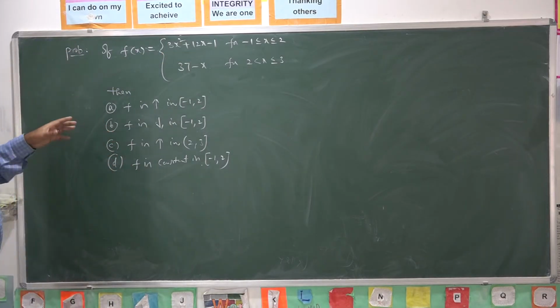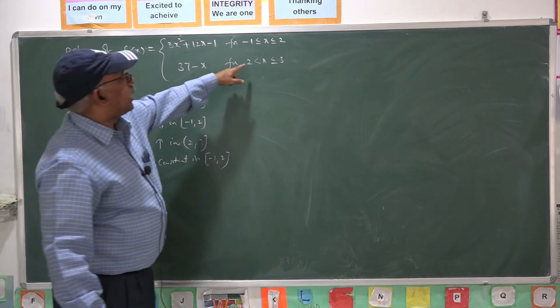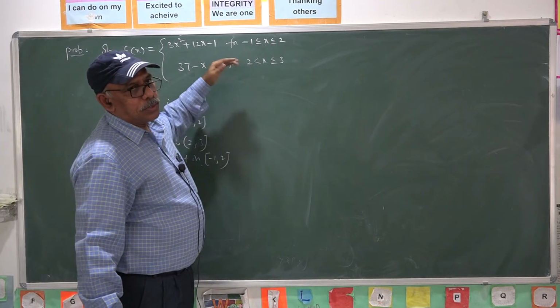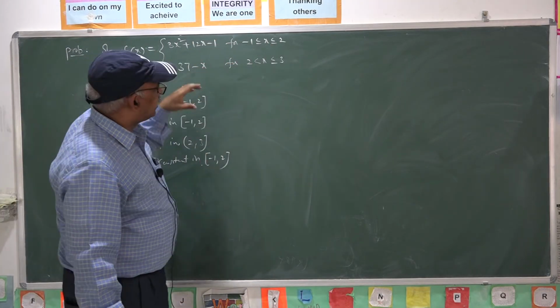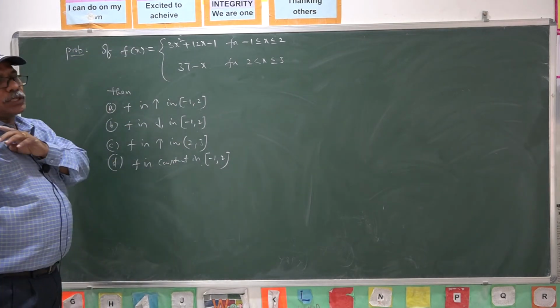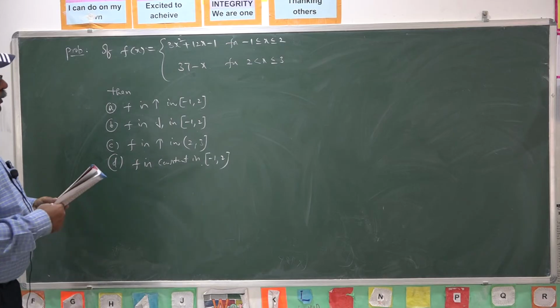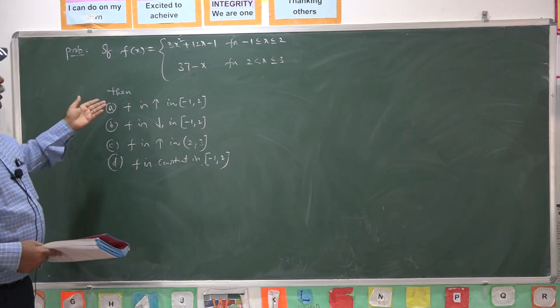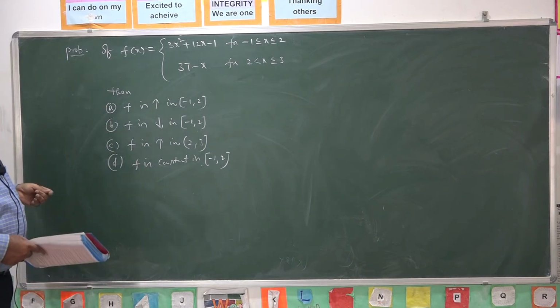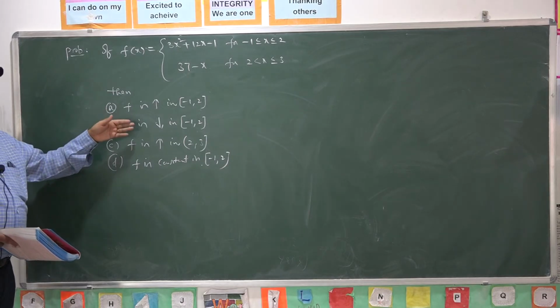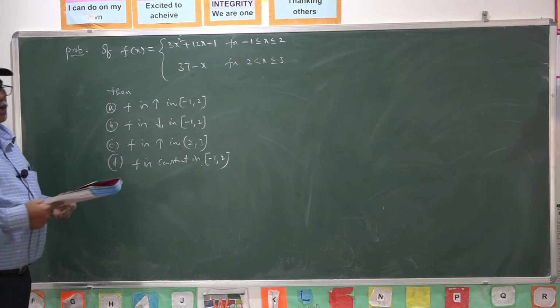The nature of the function changes particularly at x equal to 2, from parabola to straight line. That is to be observed. Such functions are said to be piecewise functions. Now, once the function is given in its piecewise form, then the increasing and decreasing nature of the function.